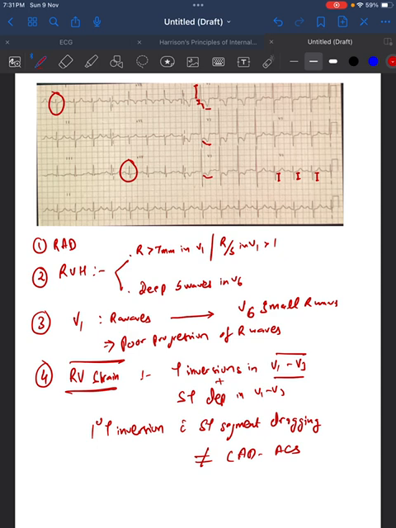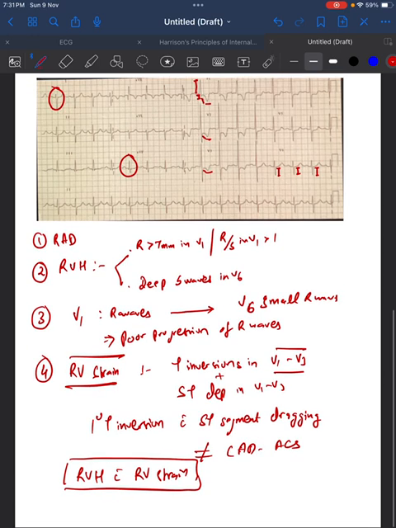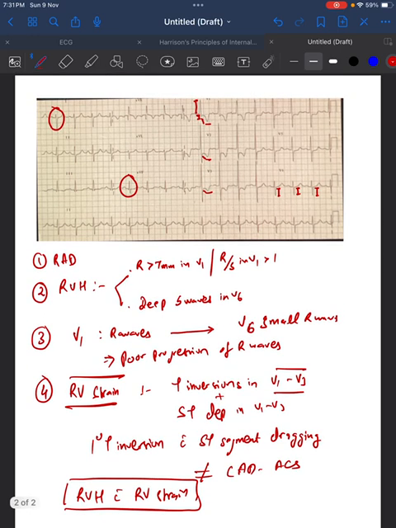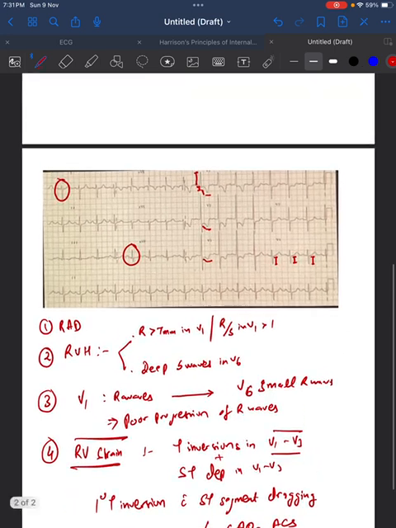This pattern is known as RVH with RV strain. And it is very, very important to distinguish it from STEMI or non-STEMI patients. So these are all the ECG changes that we will see in COPD.